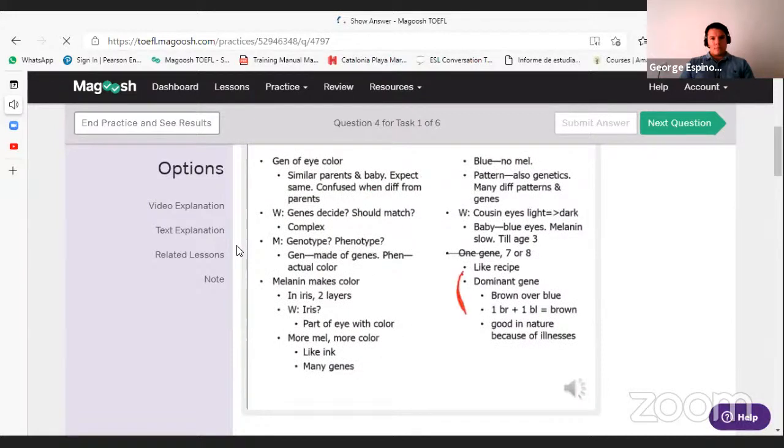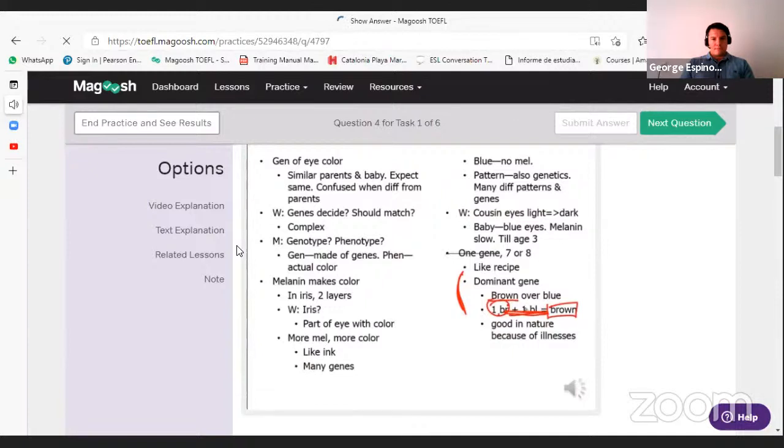The professor talks about dominant genes and says that brown eyes is a dominant trait, which means that if you have one brown-eyed parent and one blue-eyed parent, the child will have brown eyes. Even though there is a blue-eyed parent, brown is dominant, so the blue eyes do not affect the outcome. Instead, the brown eyes affect it, and we get a brown-eyed child.